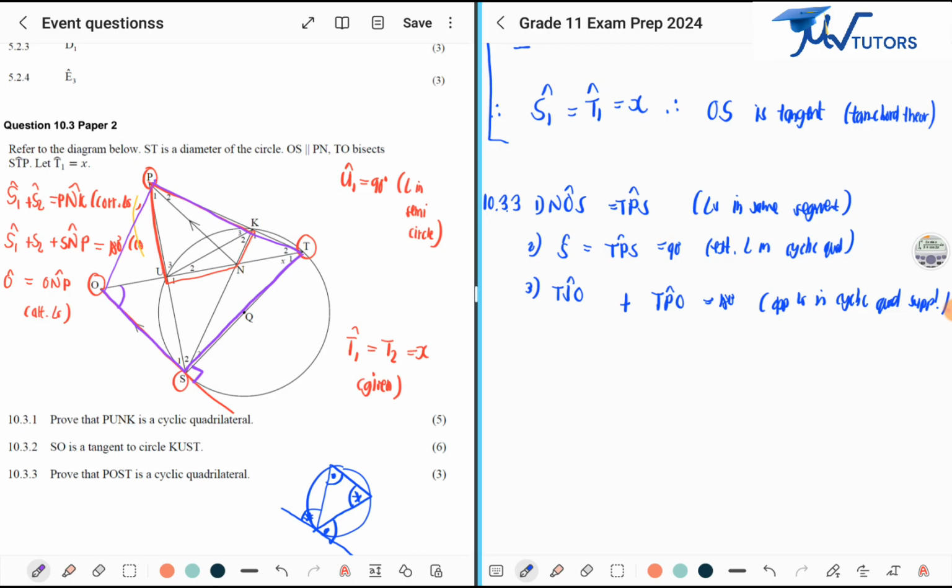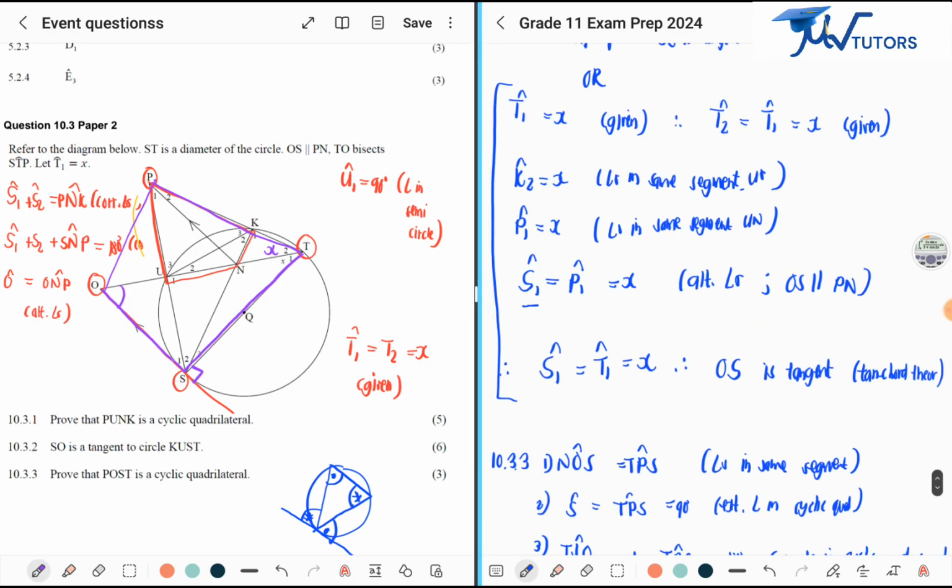Okay, and let's write down everything that we know. We know that T1 is X, we know that T2 is X, we know that S1 is X. What else was X? K2 is X. P1 is X. What else? Yeah, so those are all the X's.